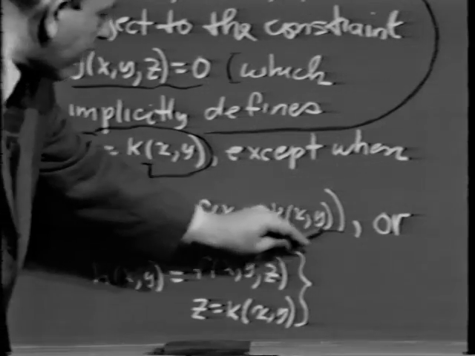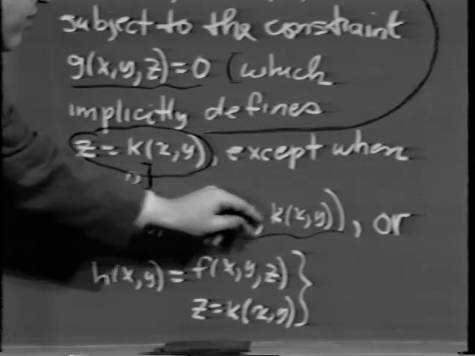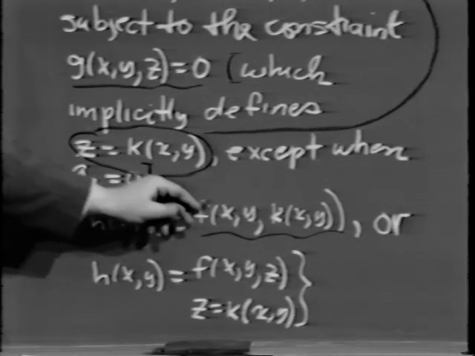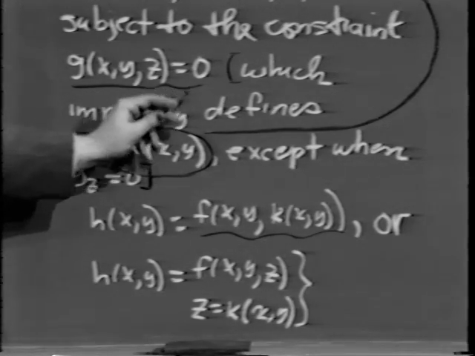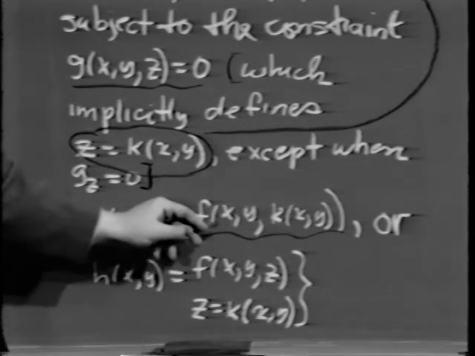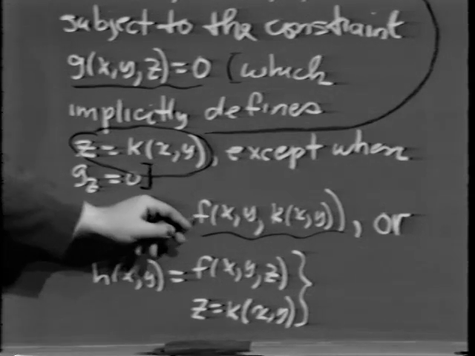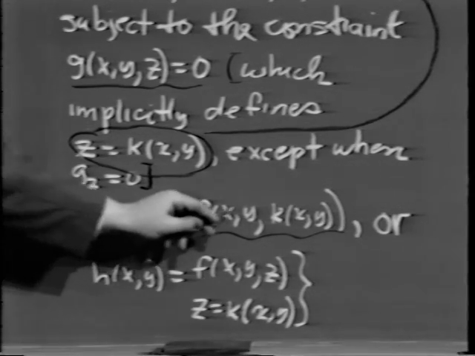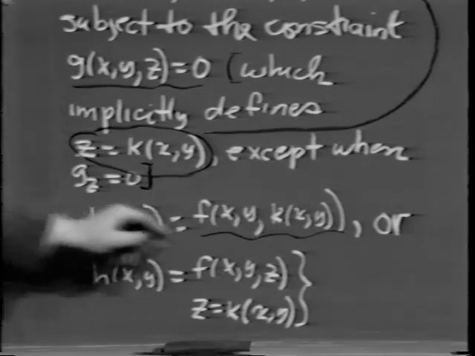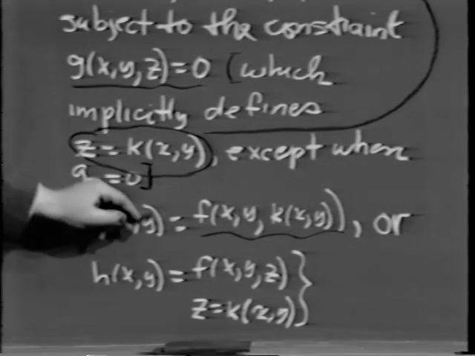If we now look at this expression, notice that only x and y appear, so that subject to the constraint g of x, y, z equals 0, the function f is a function of only 2 independent variables, not 3. And to indicate that, let's simply say that f of x, y, k of x, y in this case is some function h of x and y.